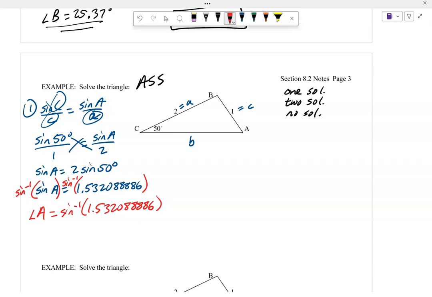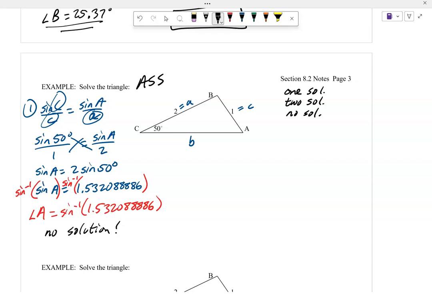And I punch that in, and you'll see that it's undefined or no solution if you punch that in. No solution. It's not possible, right? If you also want to think about it in terms of the arc sine, remember the domain of the arc sine is between -1 and 1. I can't take an arc sine of something more than 1, right? So this has no solution.